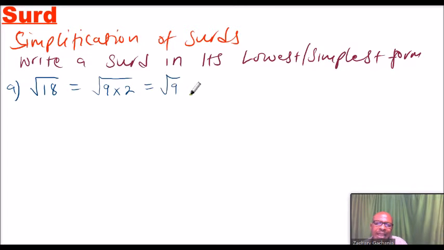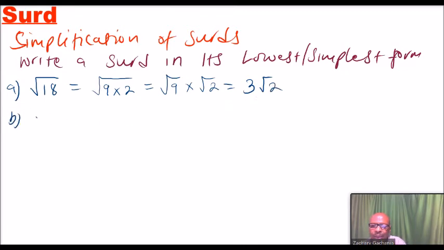So we can write the root of 9 multiplied by the root of 2. We already know 9 has an exact square root, that is 3. You multiply by the root of 2. So this is how you simplify a Surd, and its lowest form is 3 root 2.